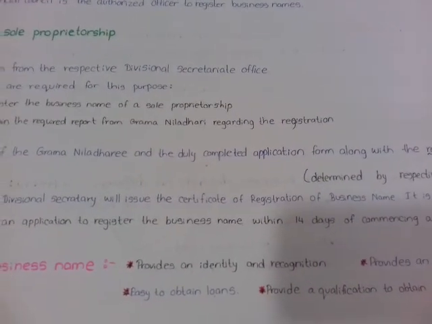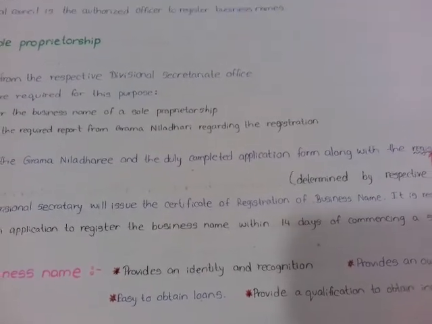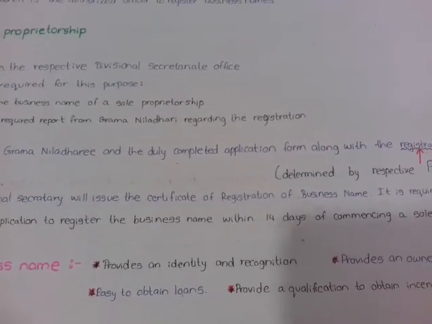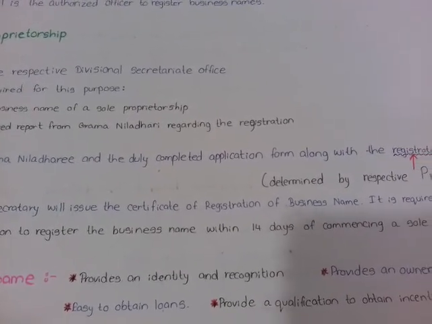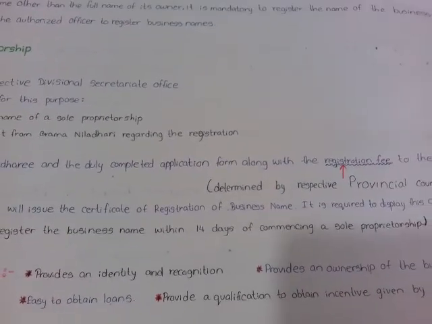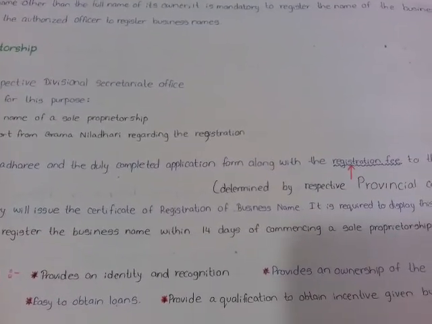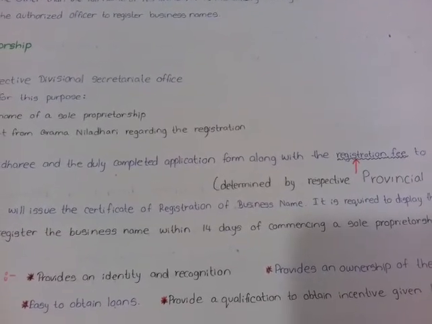Provide an identity and recognition. Now if I just say that my business name is Dhananjana, well, it's just like a name, like the name of a person. But if I put something else to my shop, then it is recognized by the people. It has its own identity.